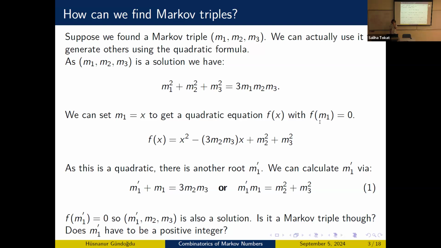Yes, because, for example, M1 prime times M1 is equal to the sum of squares, so M1 prime is 3 M2 M3 minus M1. M1 is positive, and M2 and M3 are positive, subtraction... Ah, yeah, that one is positive.